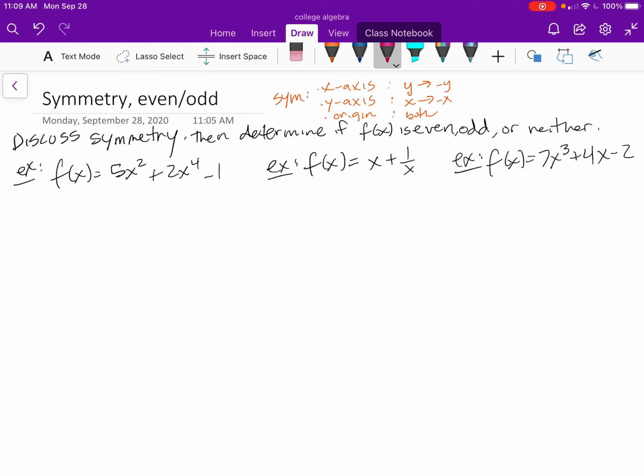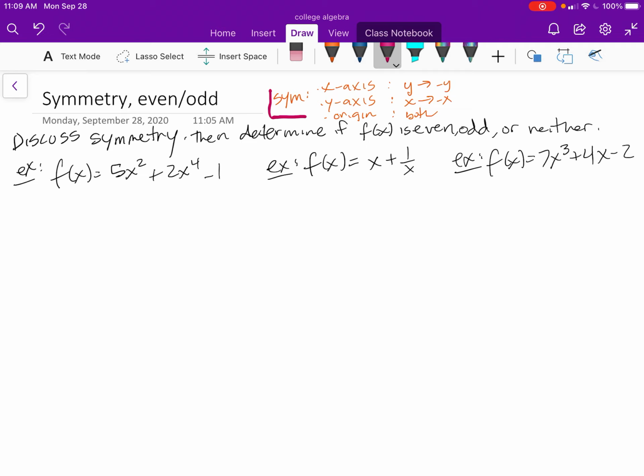So I went ahead and in orange in this upper corner here, wrote how to test for symmetry. But really, if you know what it would look like, then I think it's a little more obvious of why you would do that.